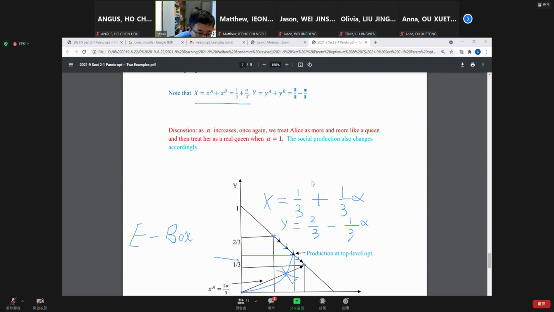Okay, good. So this is for Bob. They are sharing the same marginal rate of substitution. This marginal rate of substitution equals the marginal rate of transformation, equal to 1.